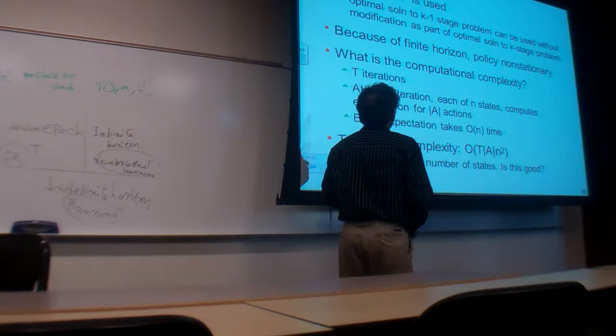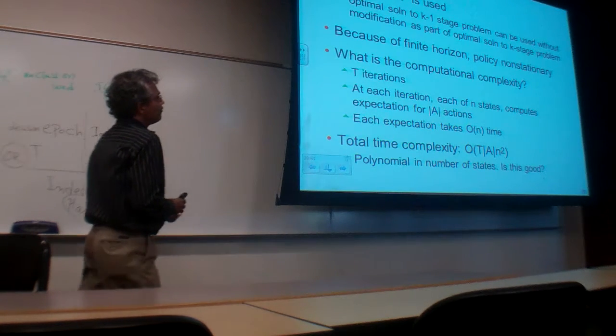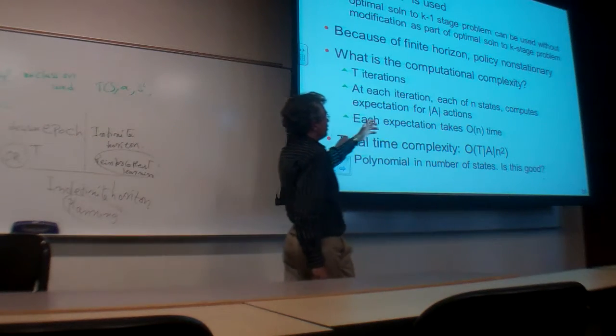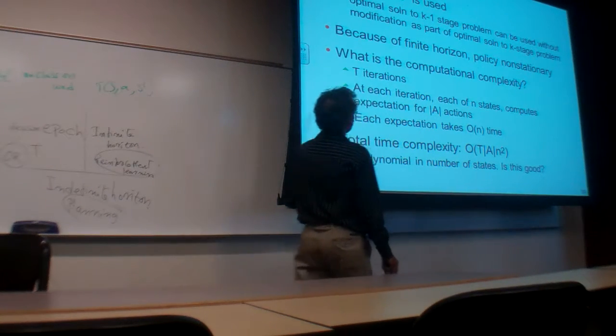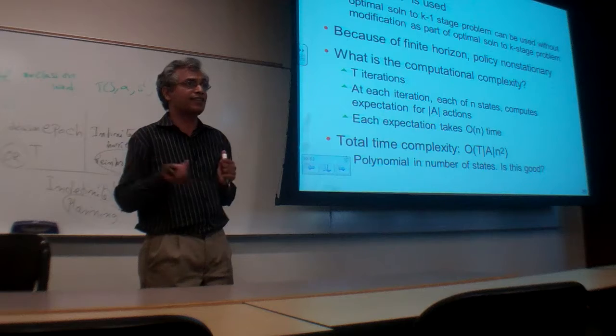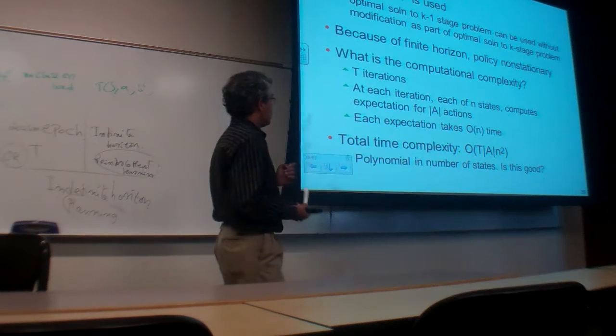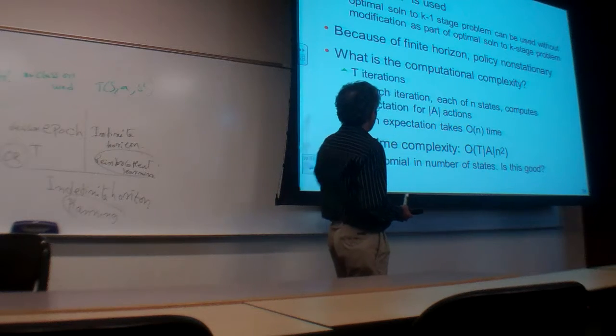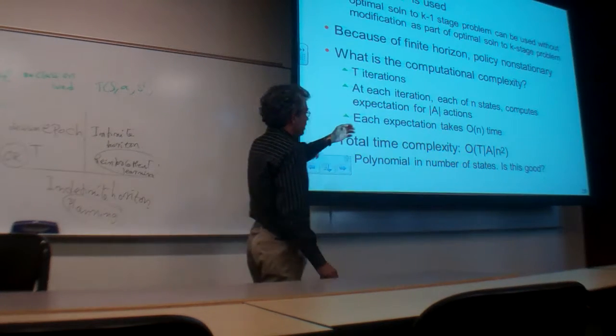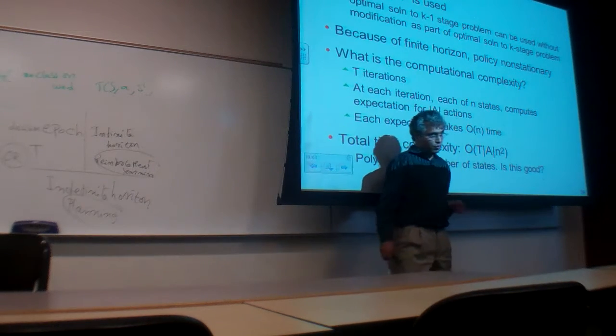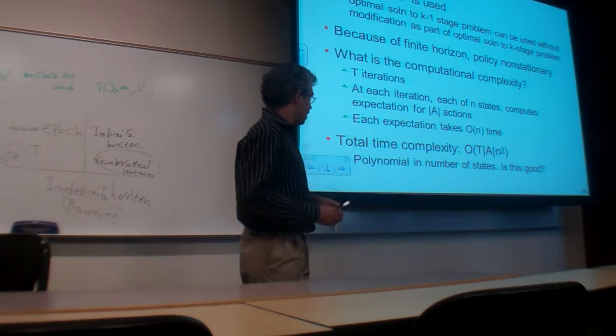Okay. So the complexity of this is that in each iteration, each of the n states computes the expectation for the number of actions you can do from that state. And there are A actions, right? And then each expectation takes O(n) time, okay?